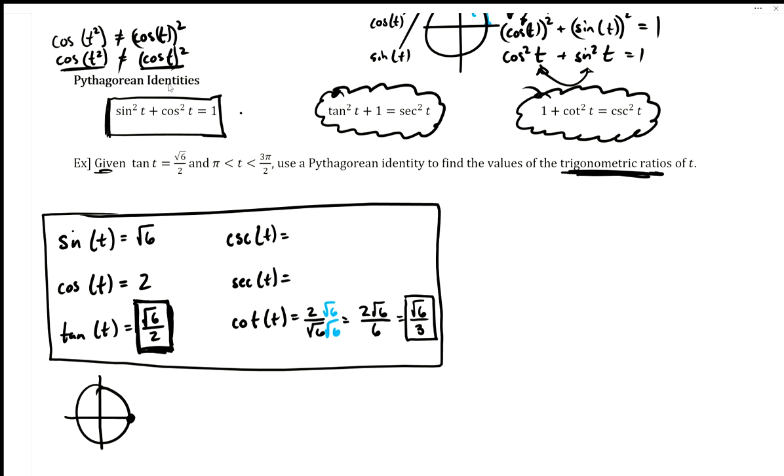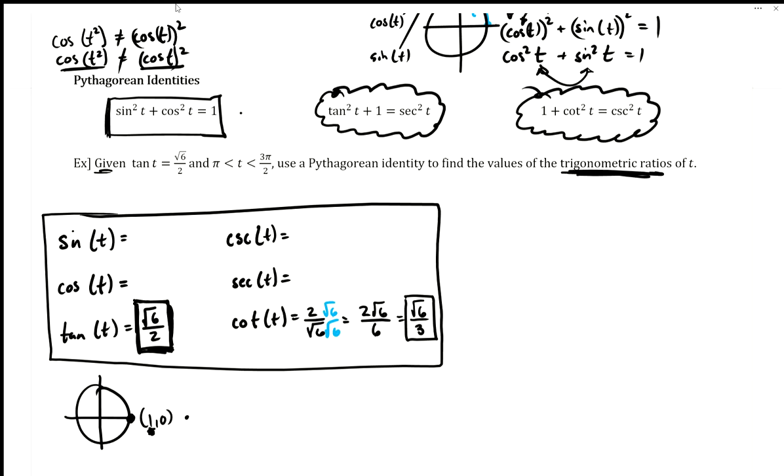The unit means the biggest it could be is 1 for sines or cosines. Remember that 1 right there is the biggest cosine could ever be. So if I have 2, that means 2 somewhere over here. So 2's not on the unit circle. That means that cannot be true. So don't just say, oh, tangent means I have sine and cosine. We don't. Okay, so erase those.